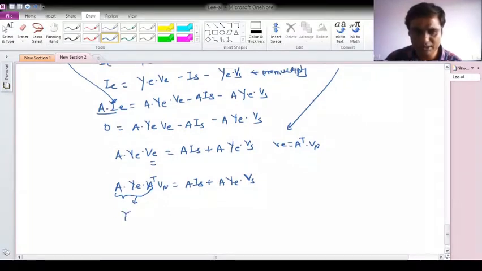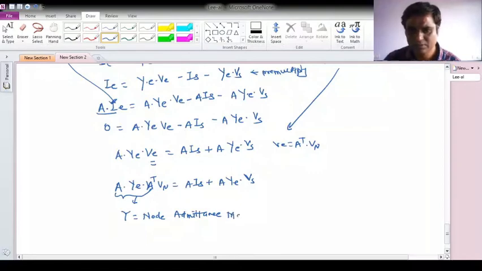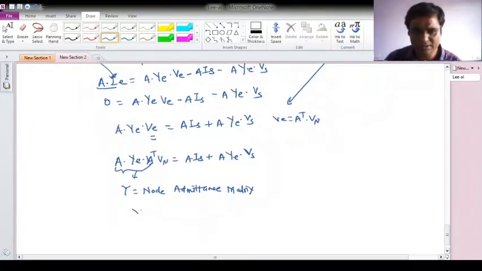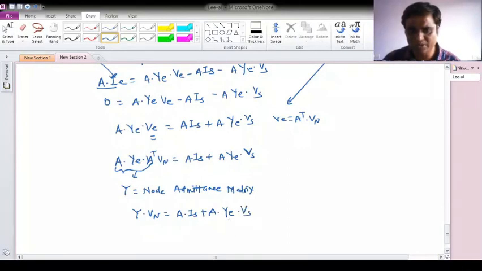Let me call that matrix Y, and this will be basically the node admittance matrix, which is Y, and then I can write this Y into node voltages, which is equal to A into source currents, plus A into YE into VS, that is the admittance matrix branch wise.